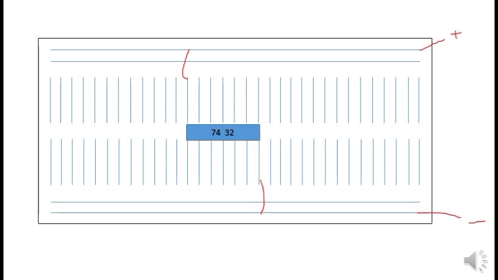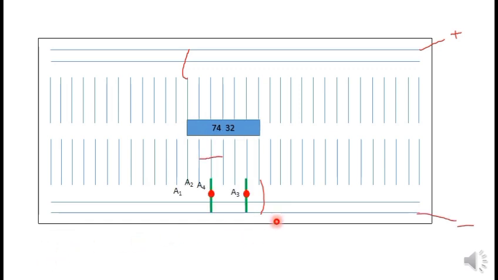Next, we will assume that the uppermost line of the breadboard is at high voltage and the lowermost line of the breadboard is at low voltage, and VCC of the IC is connected to high voltage and ground of the IC to low voltage. Here, this line is ground and this line will be connected to VCC of the IC.